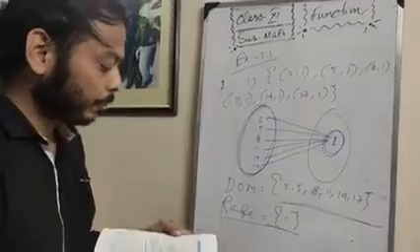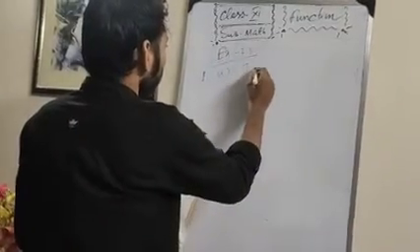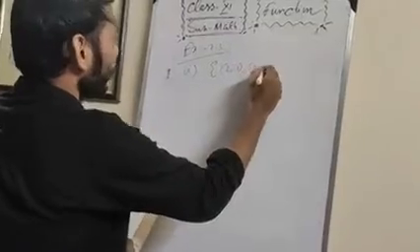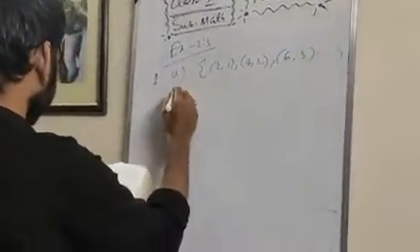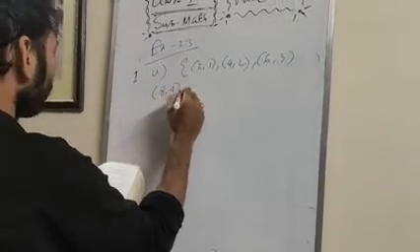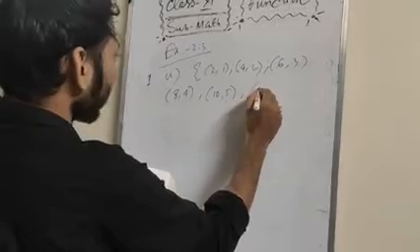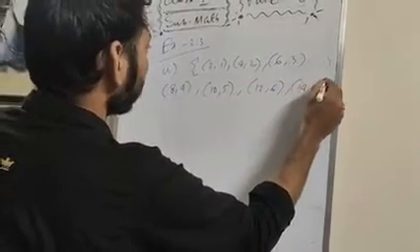Okay, now move on to question number 2. It contains ordered pairs (2, 1), (4, 2), (6, 3), (8, 4), (10, 5), (12, 6), (14, 7).